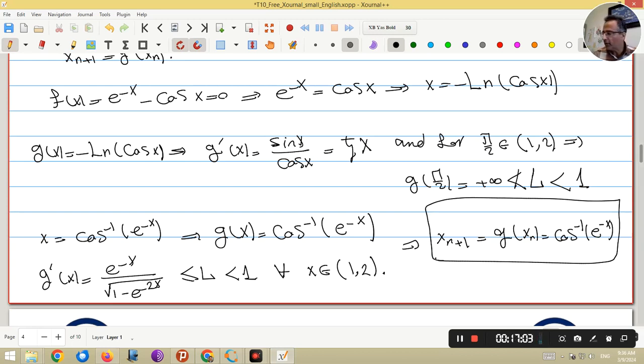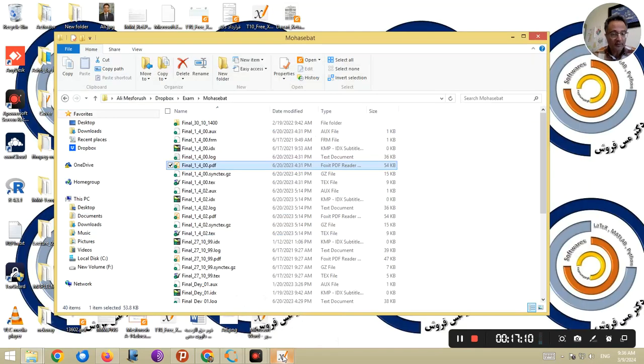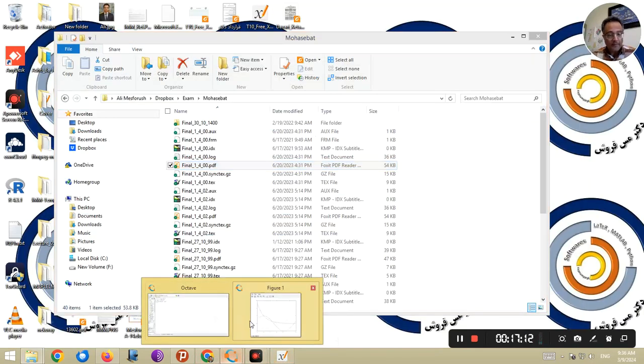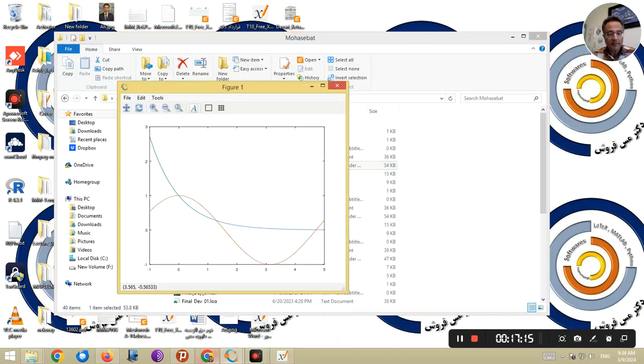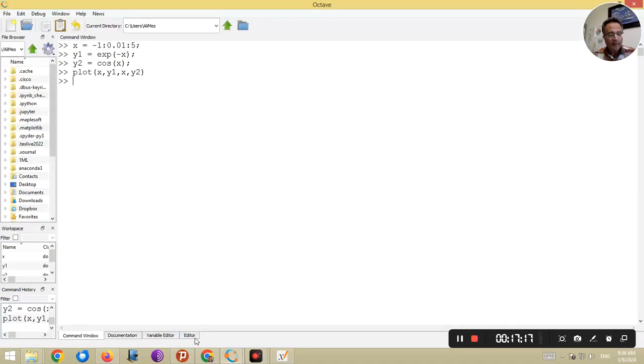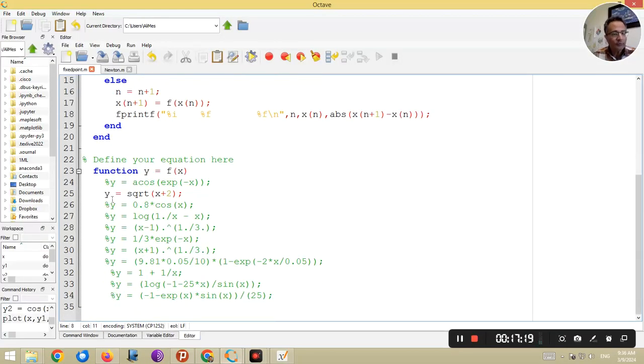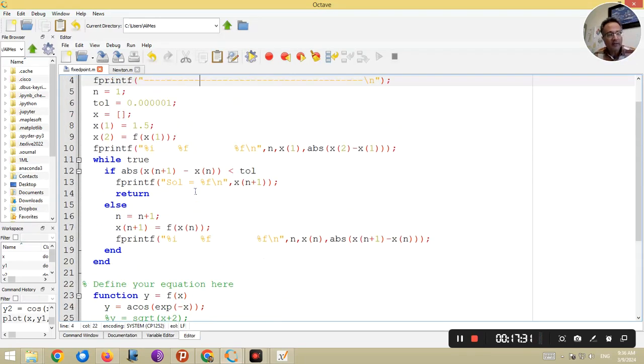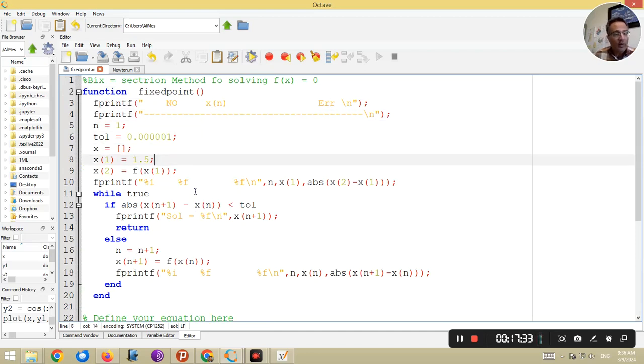Let me show you the program in MATLAB. First, define this g of x. Okay, y equal to a cosine of e to the power of minus x, and we choose x1 equal to 1.5.